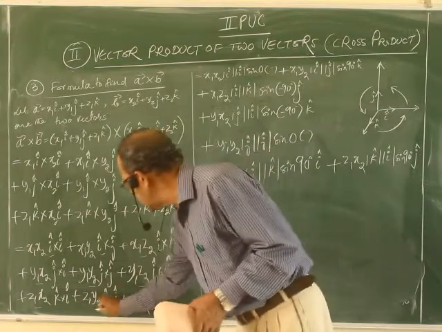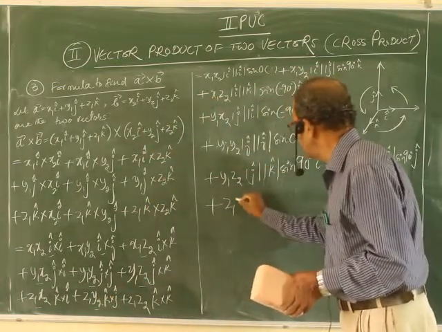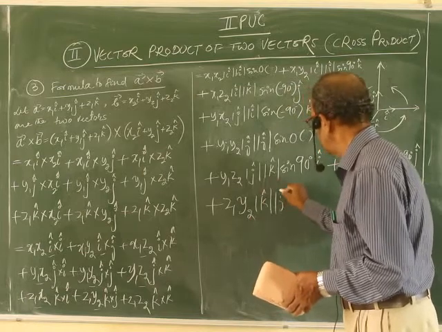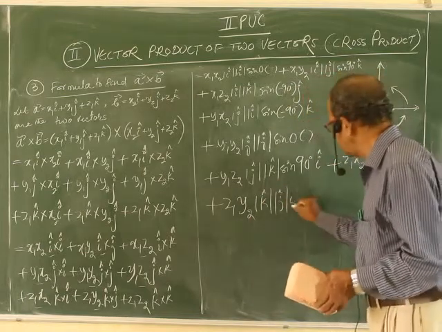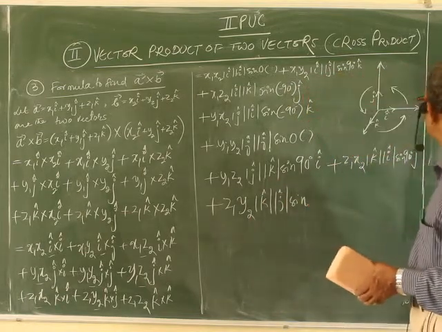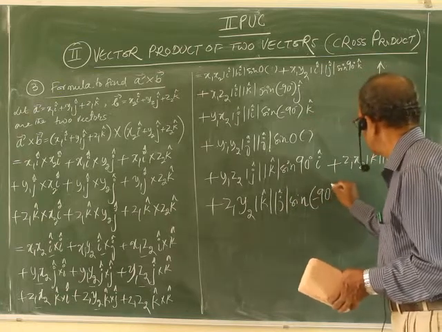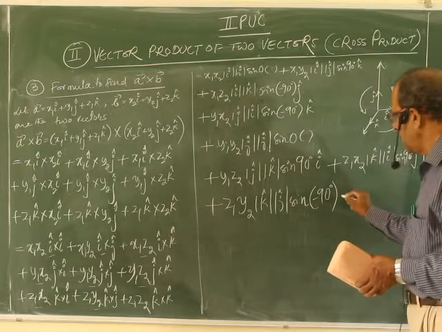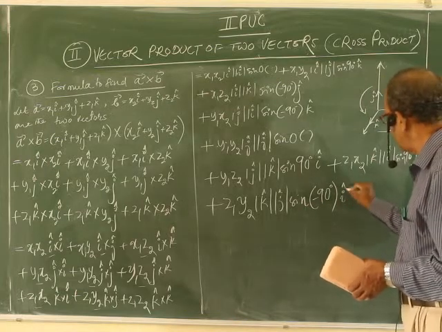Plus z1 y2, mod k mod j, sine of k to j reverse, minus 90, k to j. Unit vector is i cap.